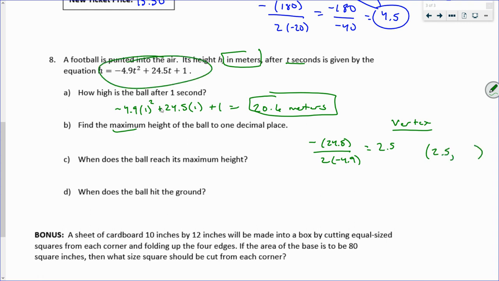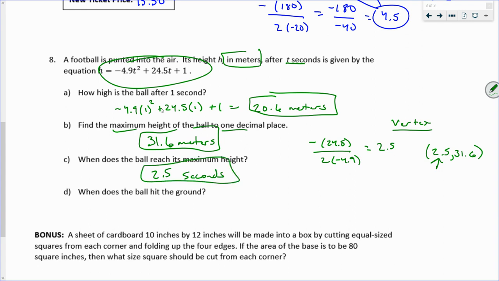So negative 4.9 times 2.5 squared plus 24.5 times 2.5 plus 1. You get 31.625, but it says to one decimal place, so 31.6. So the maximum height is 31.6 meters. When? This is the when. So 2.5 seconds.